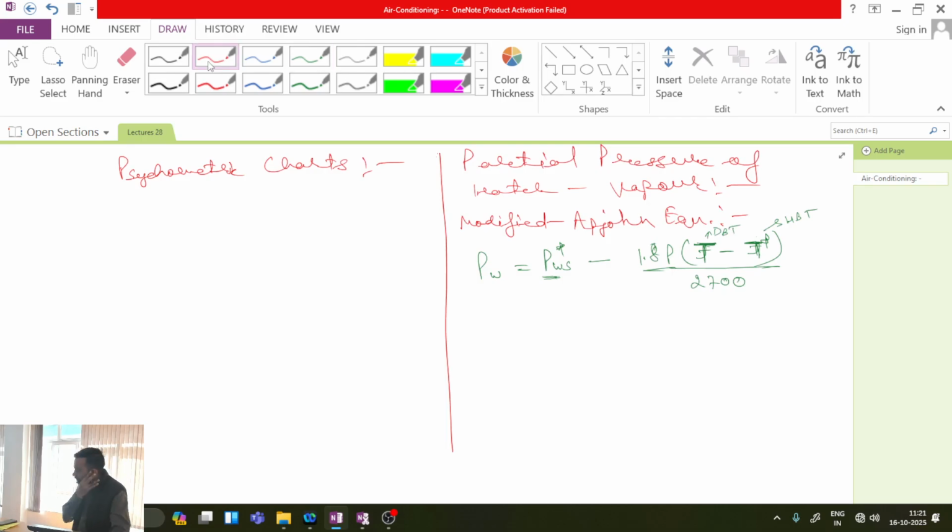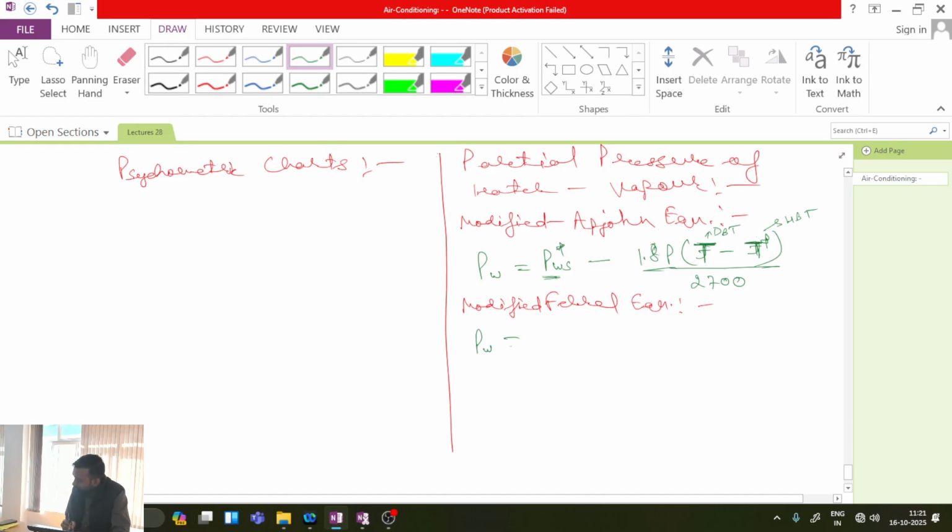Second equation is the modified Ferrel equation.